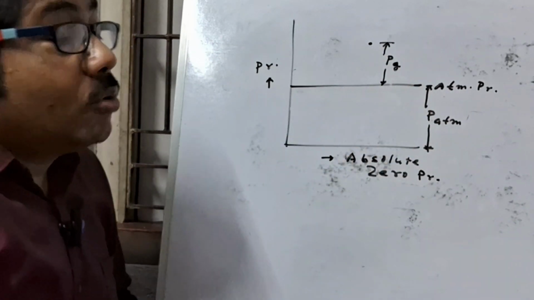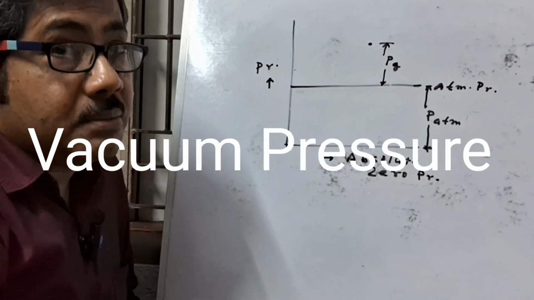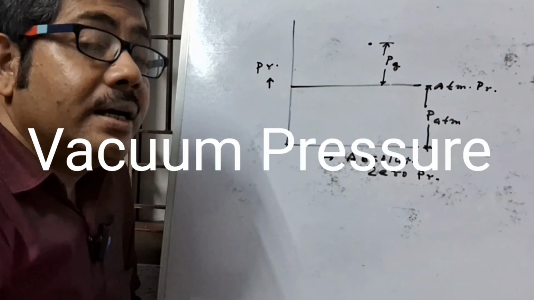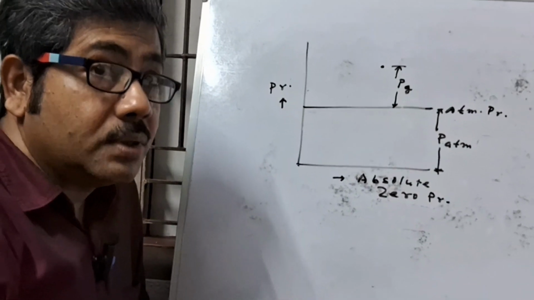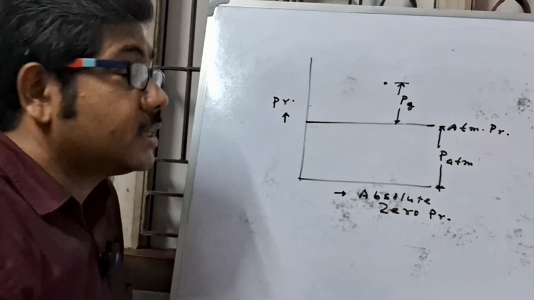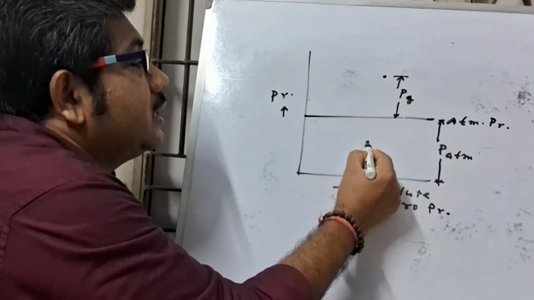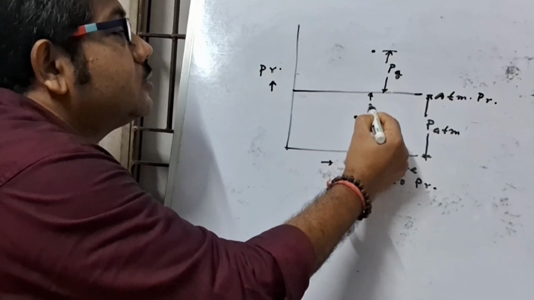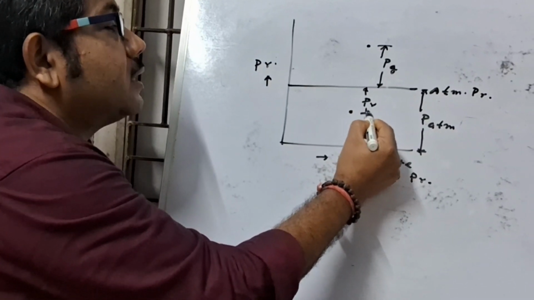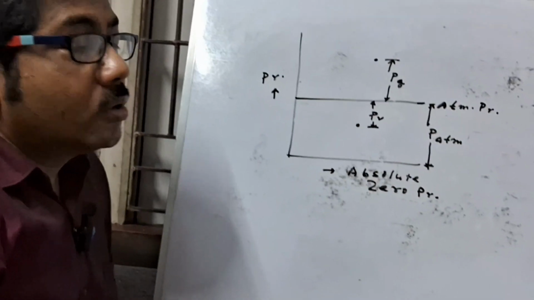And when pressure below atmospheric pressure, and which is also measured with pressure measuring instrument, this is vacuum device, it is called vacuum pressure. Suppose here a point below atmospheric pressure, so this is called vacuum pressure P suffix V.